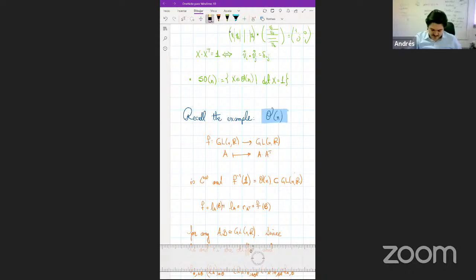Now, when we studied smooth functions, we saw that the left multiplication and right multiplication are diffeomorphisms on any group. So again, this function is a composition of diffeomorphisms.